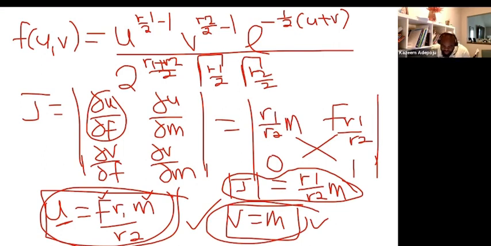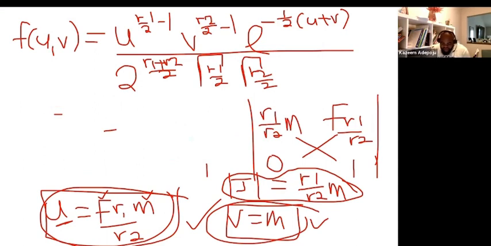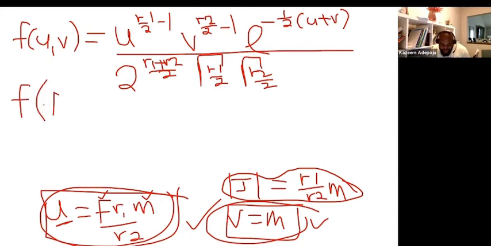So let me clean up this guy now. We already have our inverses and we got our Jacobian. Now what we actually want to get is the F of F and M, the new variable.